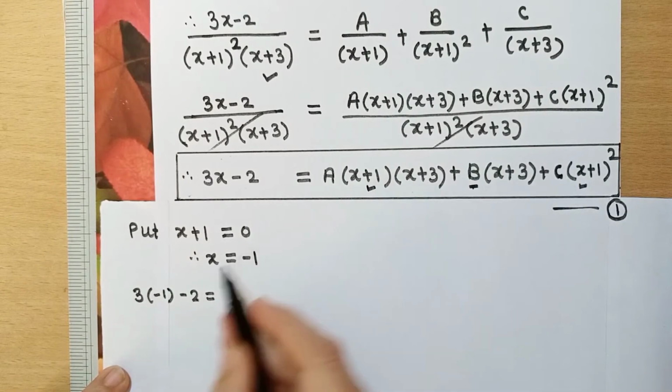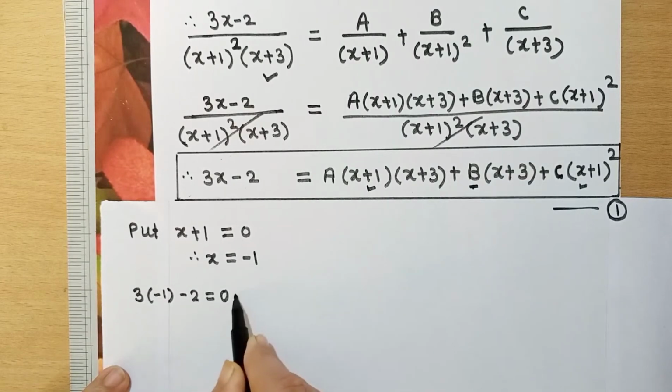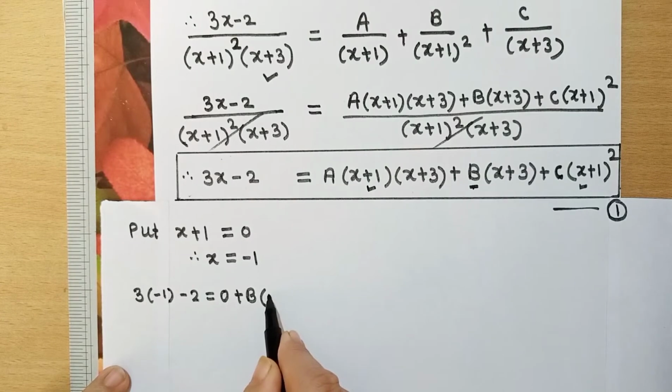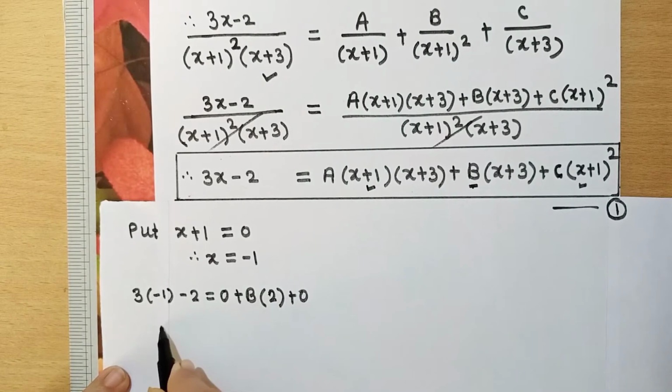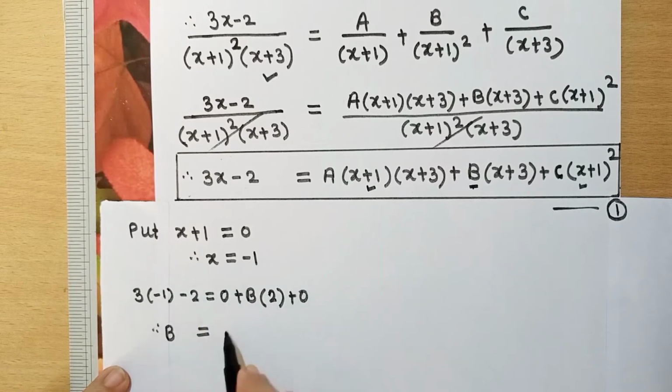This is equal to, this bracket is 0, so we will write 0 for A, and x is minus 1, so minus 1 plus 3 is 2, and again this bracket is 0, and so directly the value of B is, look here, minus 3 minus 2 is minus 5, and we will move this 2 to the other side in the denominator, so B equals minus 5 by 2.